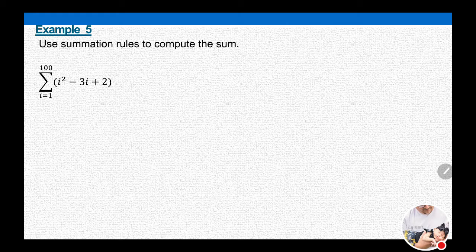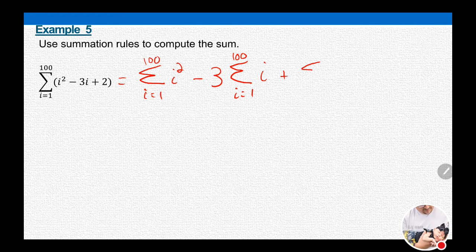So again, we're asked to use some summation rules to compute the sum. So again, we've got 3 terms. We've got to split these 3 terms out. We've got the sum from 1 to 100 of the positive integers squared minus 3 times the sum from 1 to 100 of the positive integers plus the sum of the constant 2.